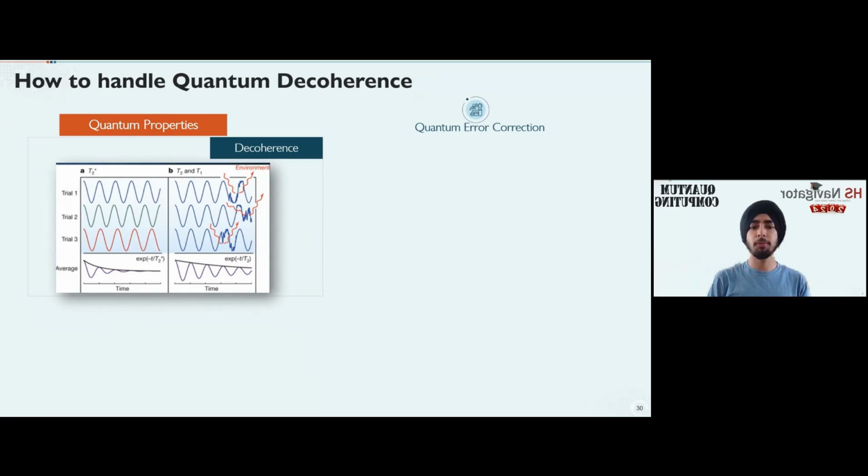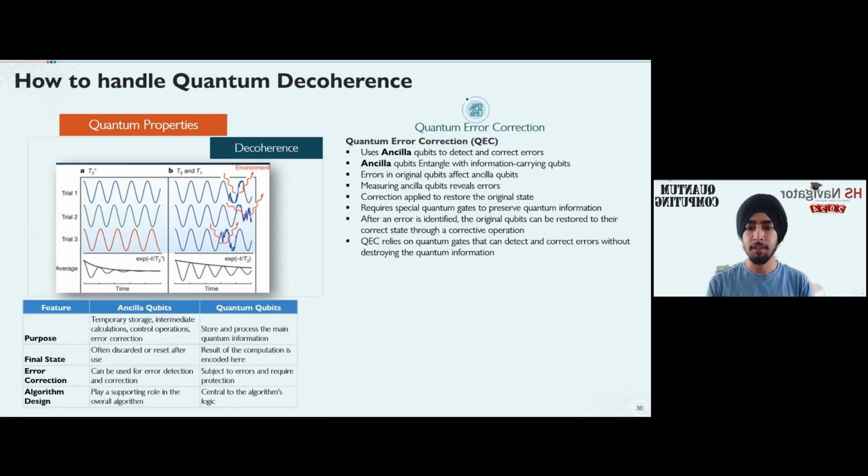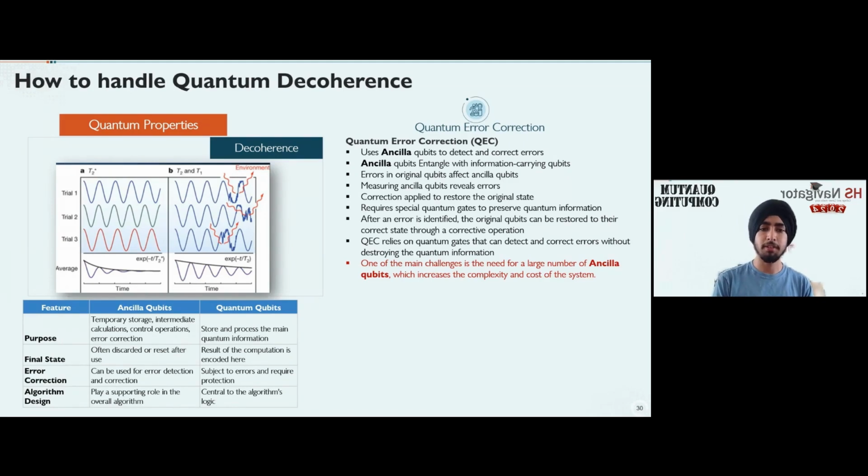So what are some of the ways we're thinking about handling it? Now, this is obviously a very new and up-and-coming field of research, so I'm not going to have all the information about it. One of the primary ways that we go about it is quantum error correction. Quantum error correction uses temporary qubits called ancilla qubits in some examples, and it uses them to detect and correct errors. So the way that this works is, let's say you have this qubit here that carries information.